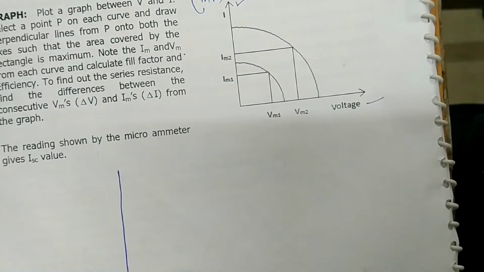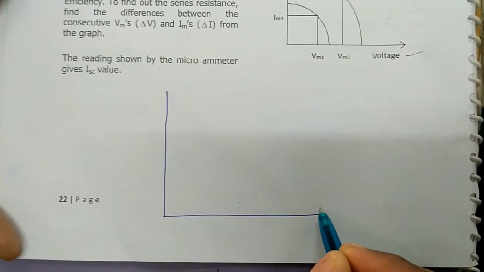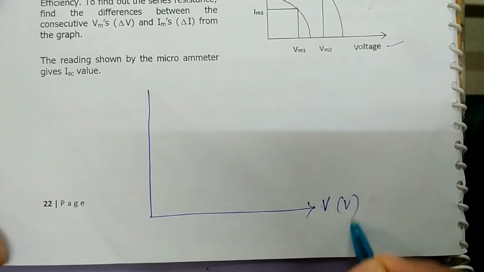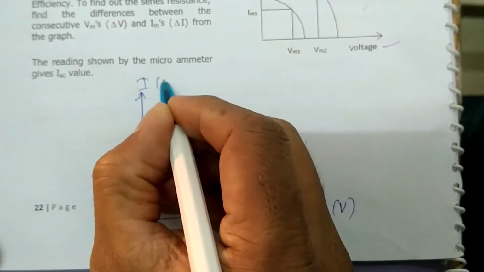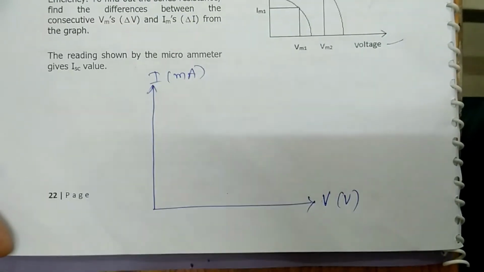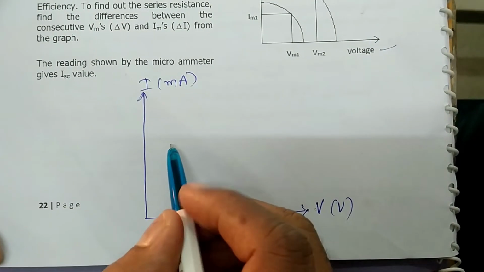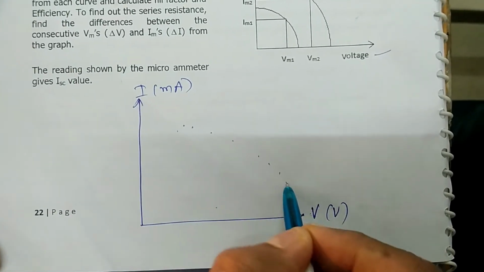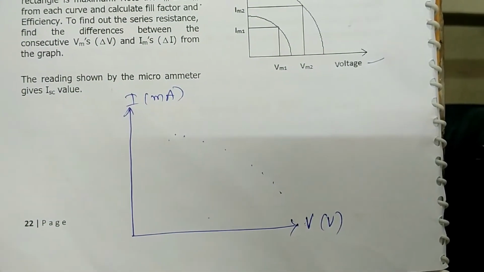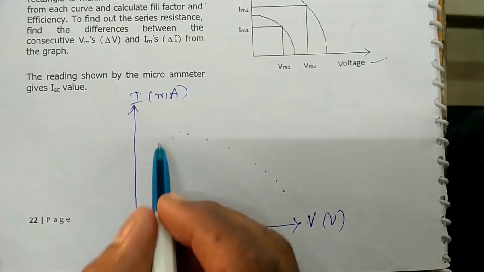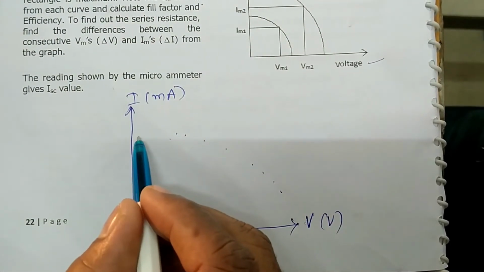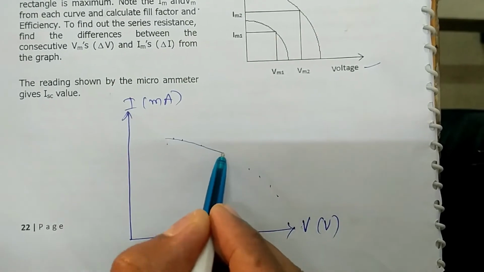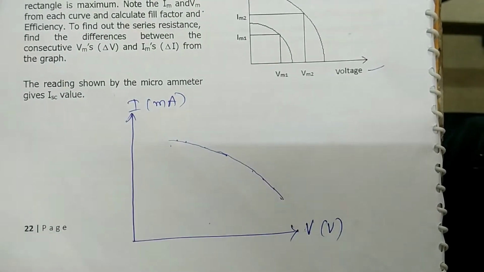But in general, I am drawing the same graph here, taking voltage in volts and current I in milliamperes. Now we'll get for the first intensity, the higher intensity, a curve something like this. Some points, you plot them and then join them smoothly, something like this. A smooth curve, you join them.